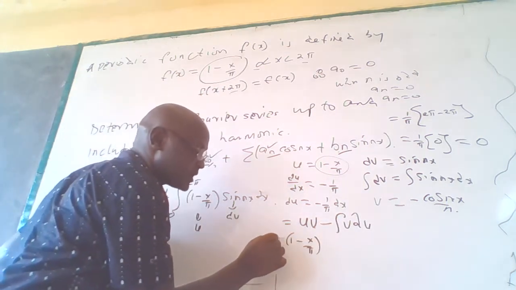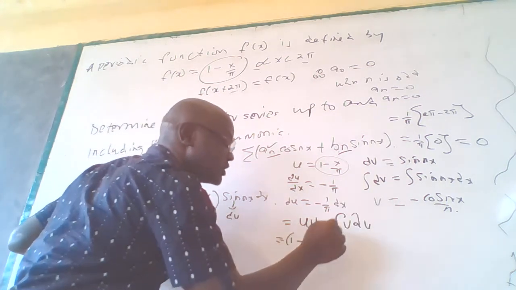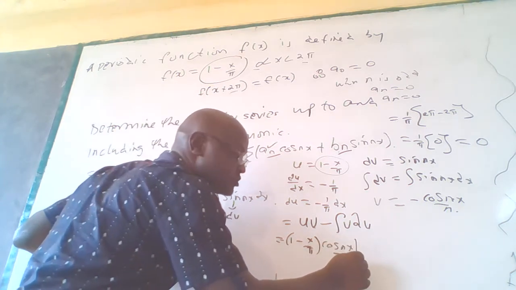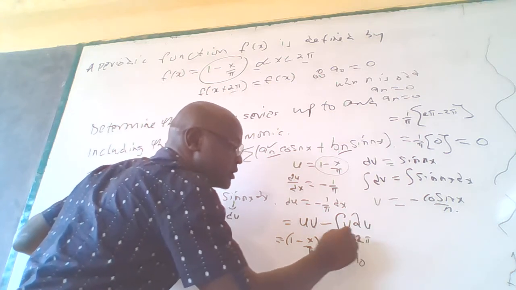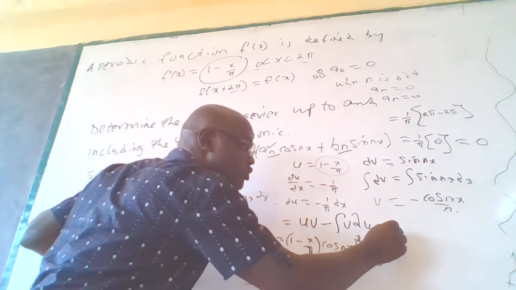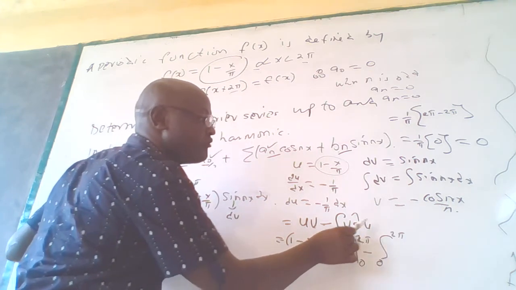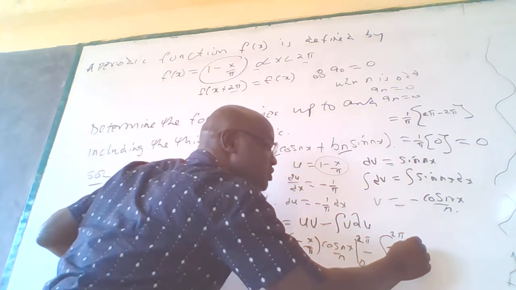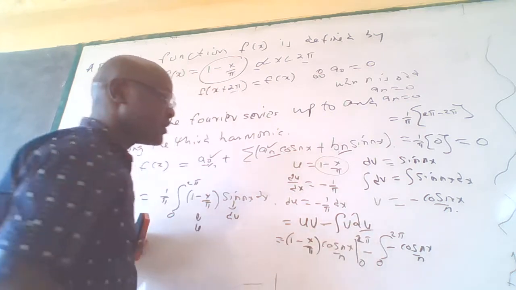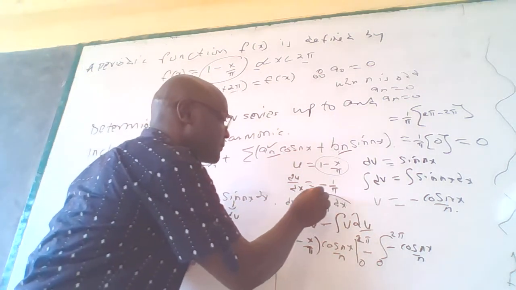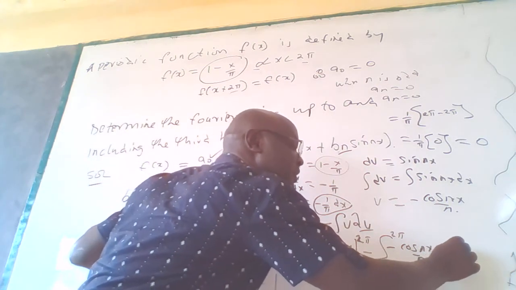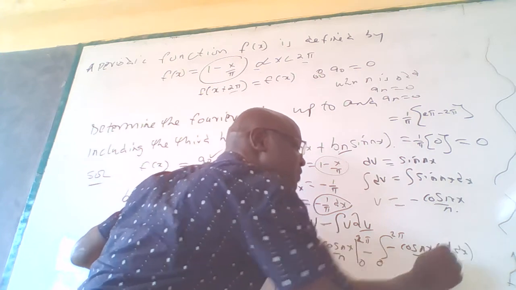So I'll start with the minus, then cos nx over n. We are integrating from 0 to 2 pi. Then this side minus the integral from 0 to 2 pi of our v, which is minus cos nx over n. Then our du, which is this one, dot minus 1 over pi dx.